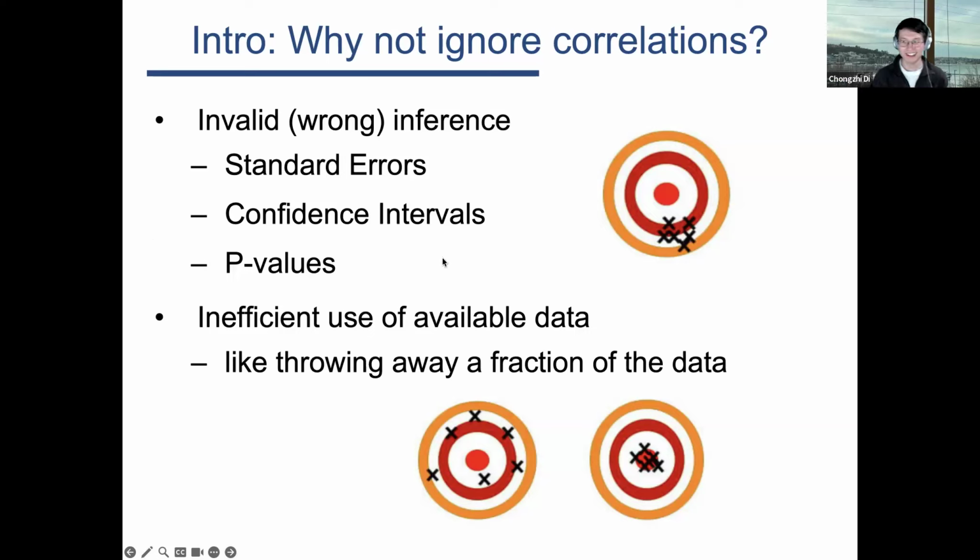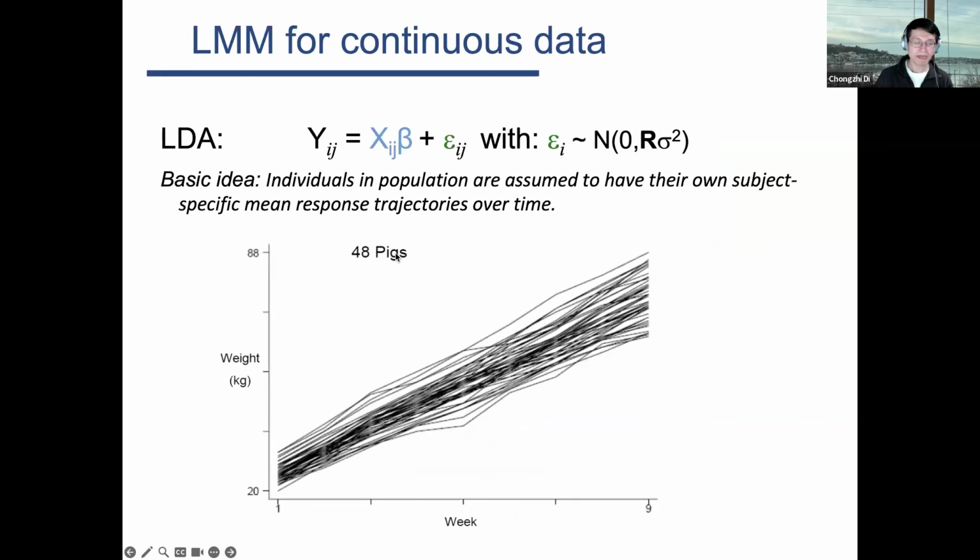Okay, I didn't hear any questions, so let's keep going to the next part, which focuses on linear mixed effects models for continuous data. Again, we have the outcome Yij. We want to do a regression model between Y and X, and we know that the error has some sort of structure.